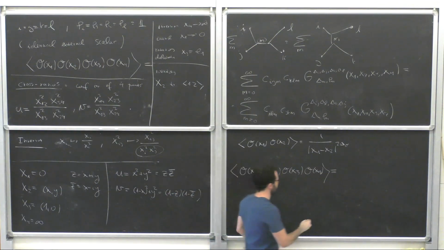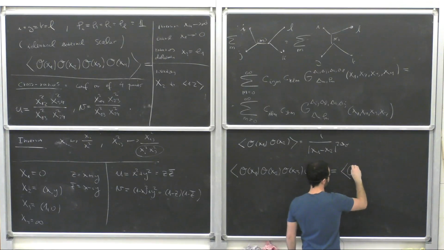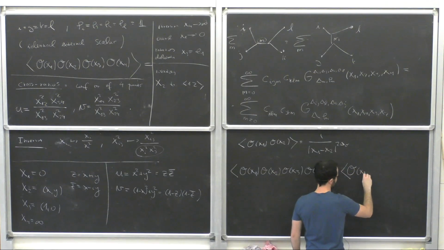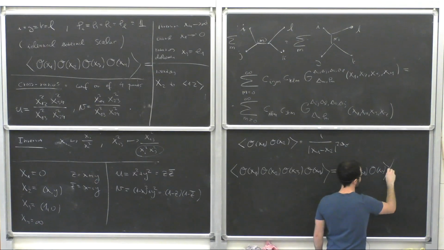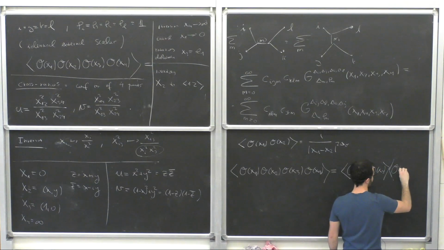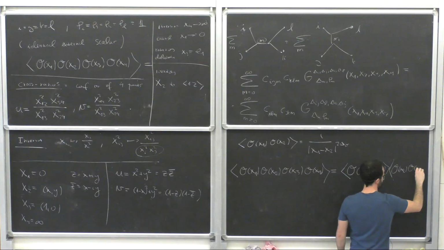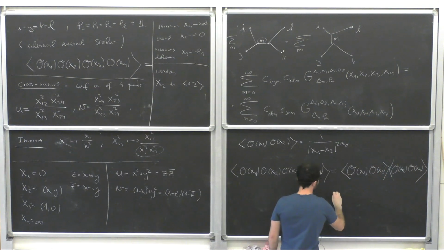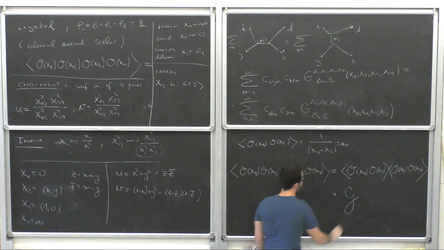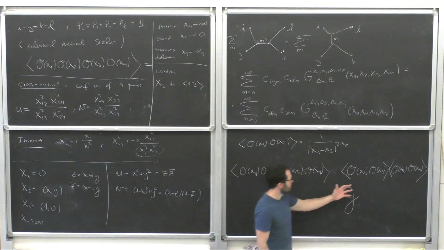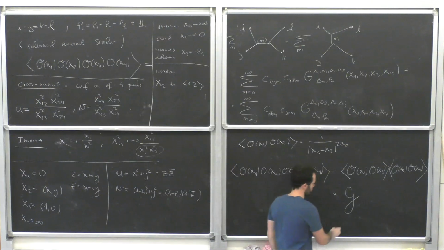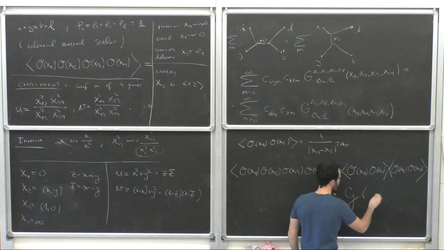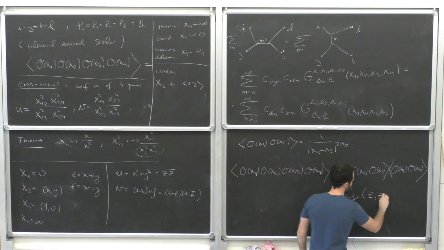So let's pick 1, 3, and 2, 4. So the four-point function necessarily looks like that, times a function which is invariant. So it's a function of only u and v, or if you wish, z and z bar.